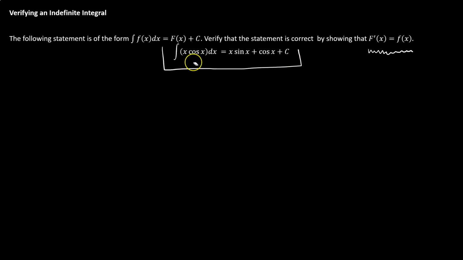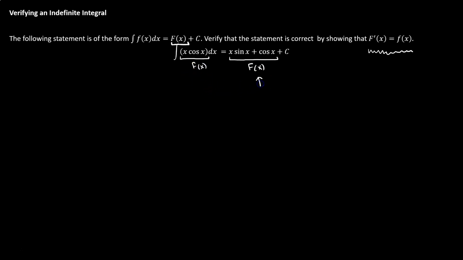So in this problem, capital F is x sine x plus cosine x. We can see that because it matches up with the form that the problem says it's written in. Little f, that's the integrand, the thing inside of the integral. I see that as x cosine x.